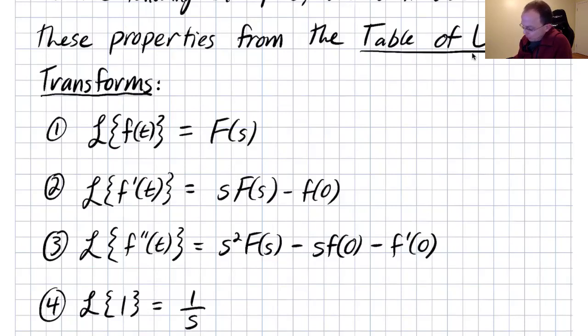So we multiply by s squared, and that gives us the equivalent in the Laplace domain. Multiplying by s twice corresponds to taking the derivative twice in the time domain. It's not precisely that, because there are also these terms that we need to subtract off. So it's multiply by s twice, and then subtract s times the value of f at 0 minus the value of f prime at 0.